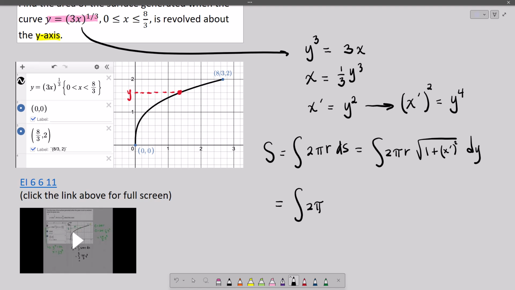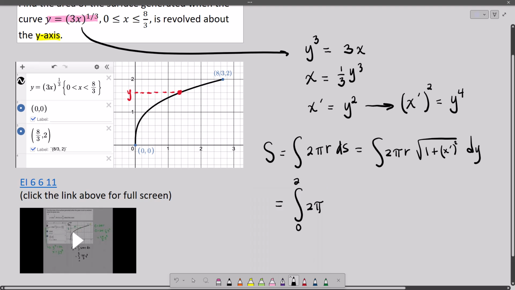To get those, though, if you didn't have a picture that made it obvious, we would simply take this x coordinate of 0 and plug it in. Let's plug it in over here, it's easier. Plug 0 in right there, and we would get y is 0. If we take 8/3 and plug it in here, 3 times 8/3 is 8. The third root of 8 is 2. So we would get our y limits, 0 to 2.